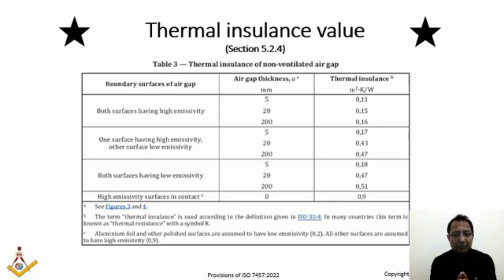If you look at the notes over here, you can clearly see their purpose. Just go through these notes and you will understand the purpose of the aluminum foil and other polished surfaces. It's very straightforward, so there is not much to explain. You can use these values for the thermal insulance of the respective air gaps.